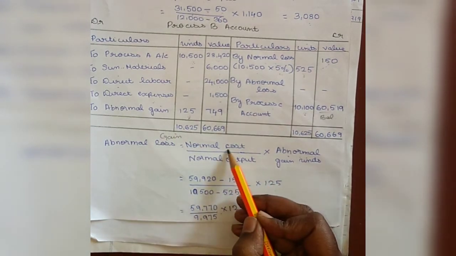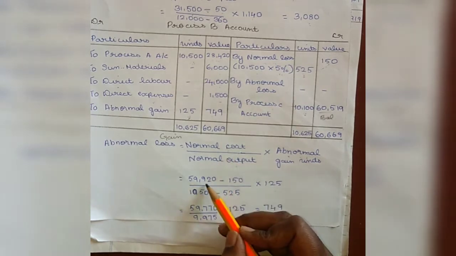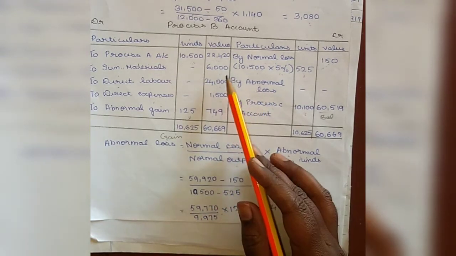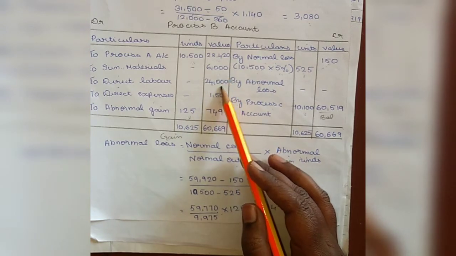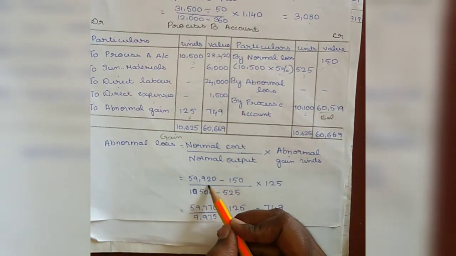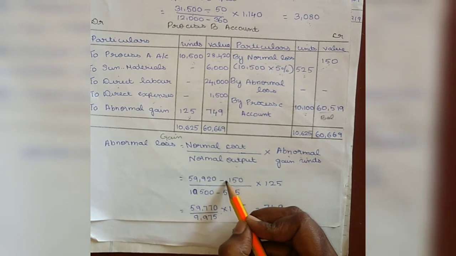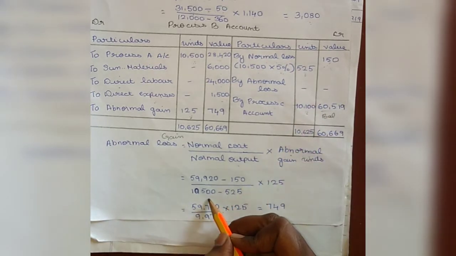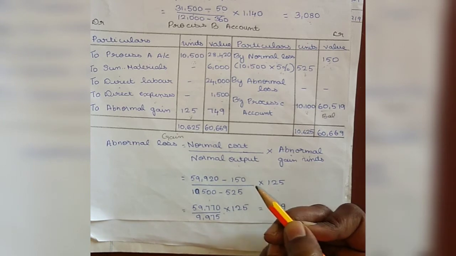How do we calculate the normal cost? Normal cost is nothing but the total of your expenses, starting from process A, add up all the materials, labor and expenses, that will add up to 59,920 minus the normal loss value. What is the normal loss value? 150. Divided by normal output, which is nothing but the number of inputs that you have introduced. What is the number of inputs?